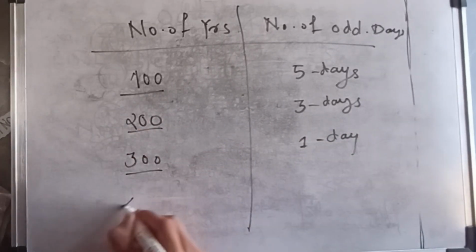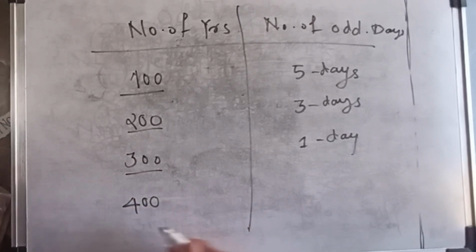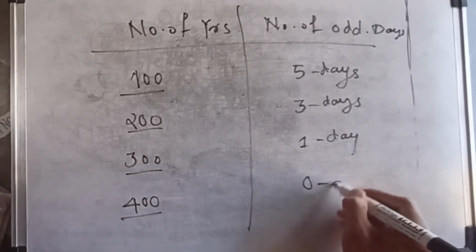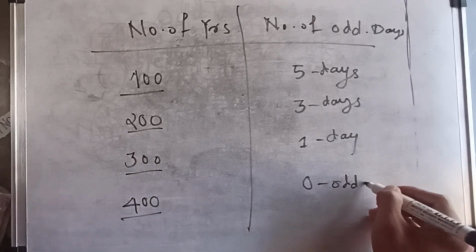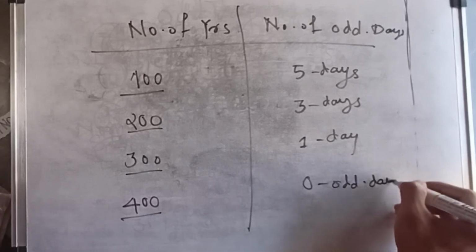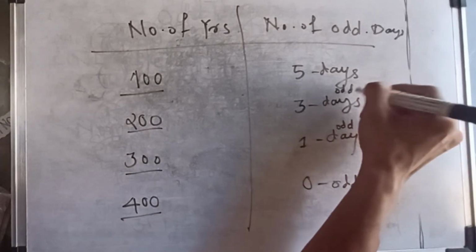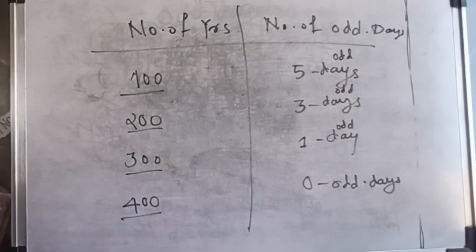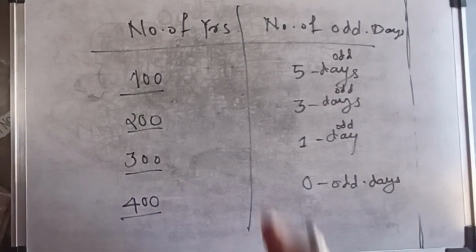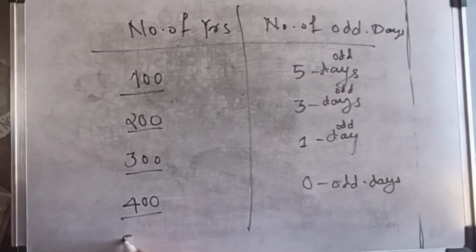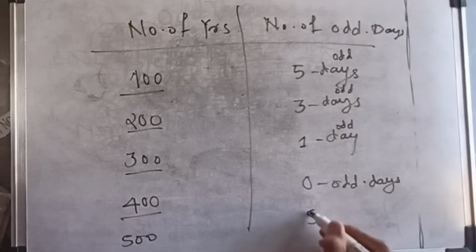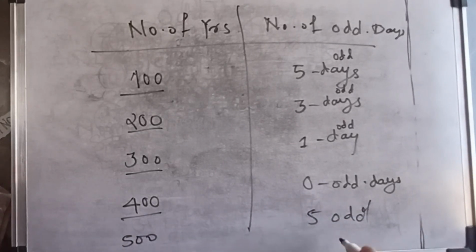And for 400 years, that is 4 centuries, we will have 0 odd days. Now this pattern will go on for 5 centuries. There will be 5 odd days again, and it will carry on.